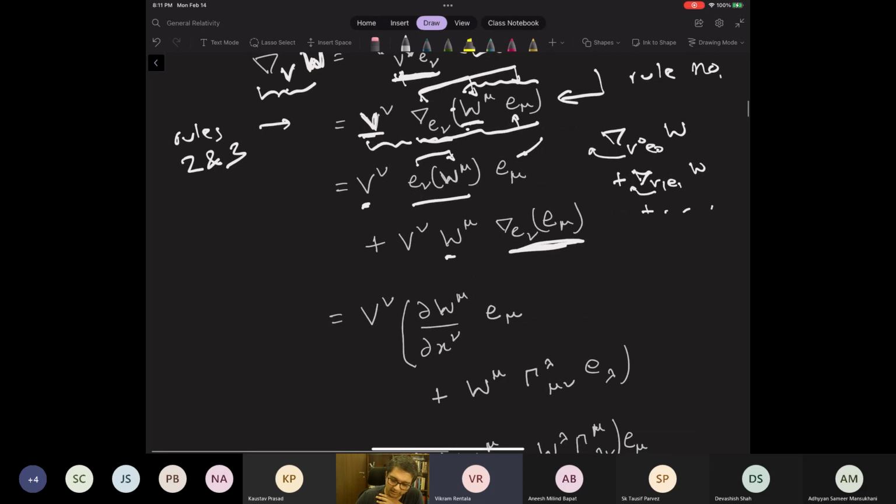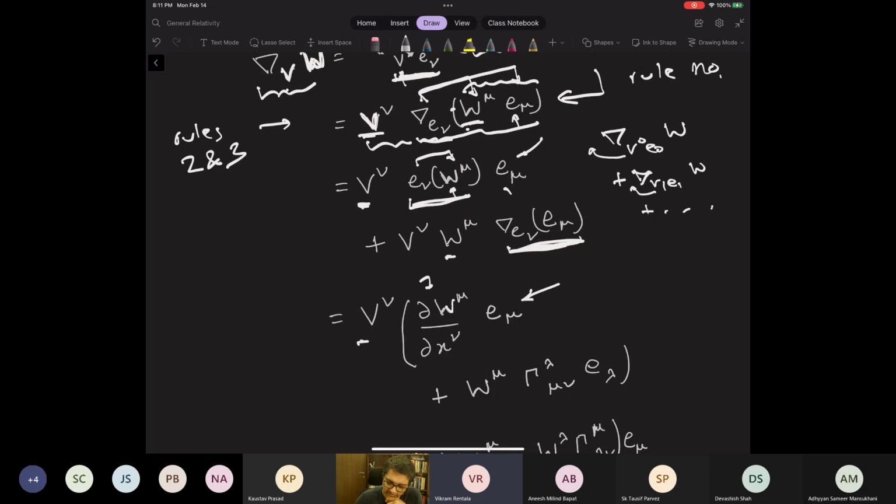Now what you get is V nu, E nu acting on W mu. W mu is just a scalar function, because these are just coefficients. So these are scalar functions on the manifold, and E nu acting on them is just partial x nu acting on these coefficients W mu, and this E mu remains.